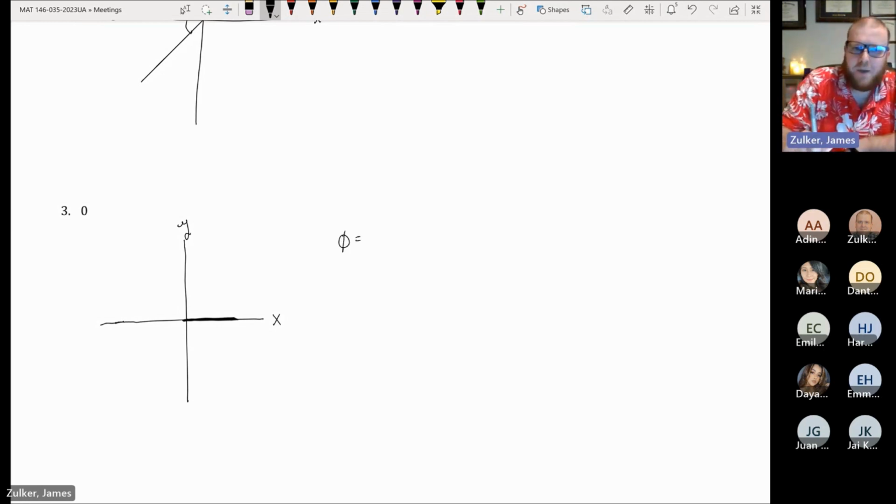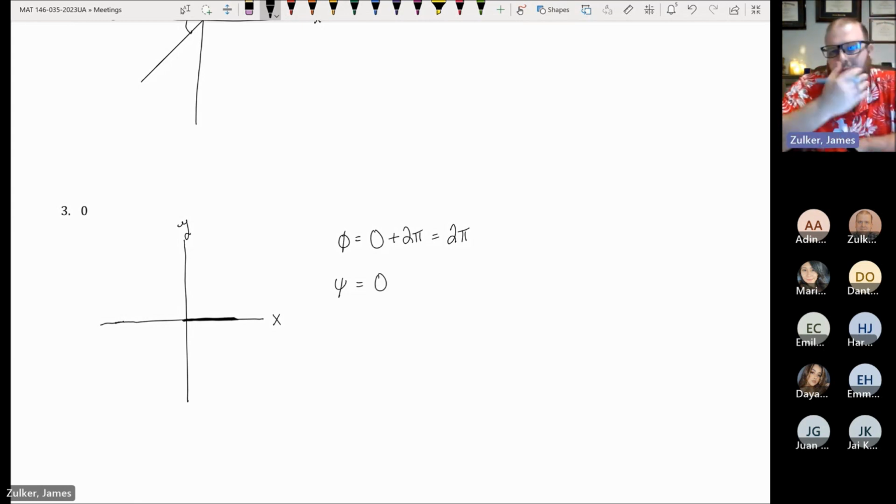And then positive coterminal, we can just add 2 pi. So we get 2 pi. Negative coterminal, then we could do negative 16 pi. Just going to stick with the simple one of negative 2 pi, but negative 16 pi is also coterminal.